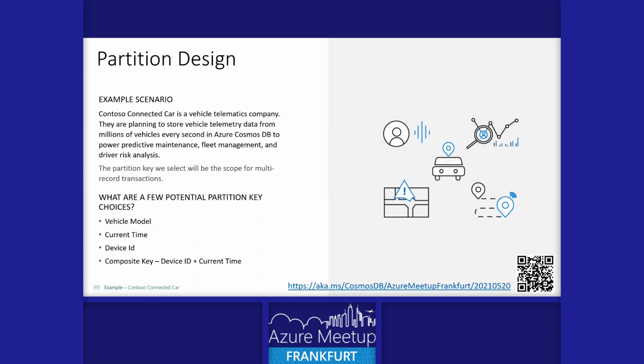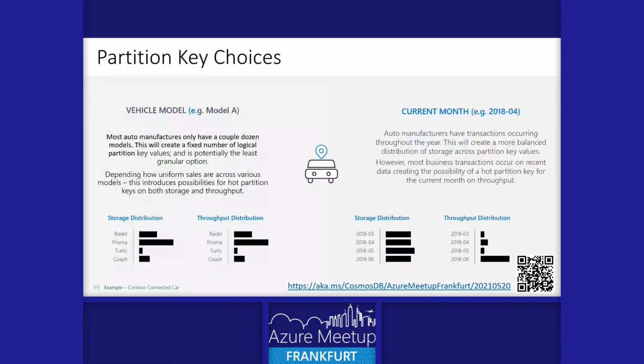The candidates looked at for different partition keys were the vehicle model, the current time when the event happened, the device ID, which would be a unique identifier for each car, and then a composite key where you create an artificial property which contains both the device ID and the current time.